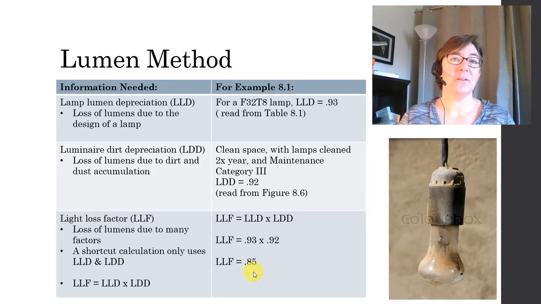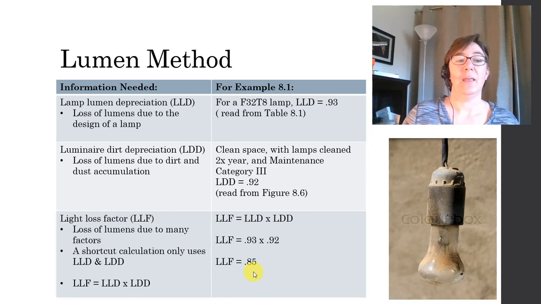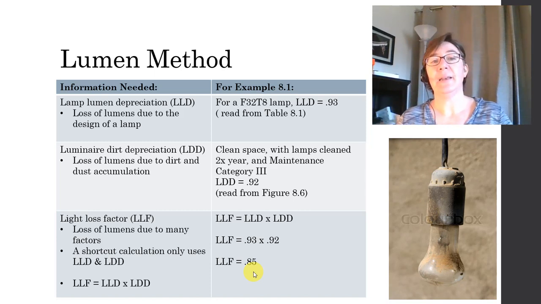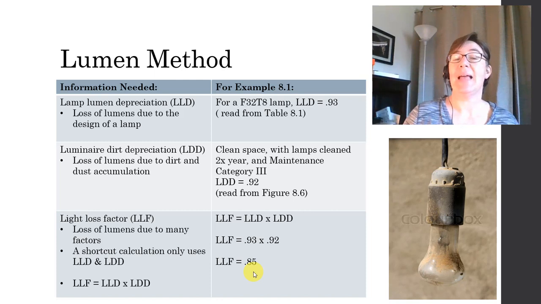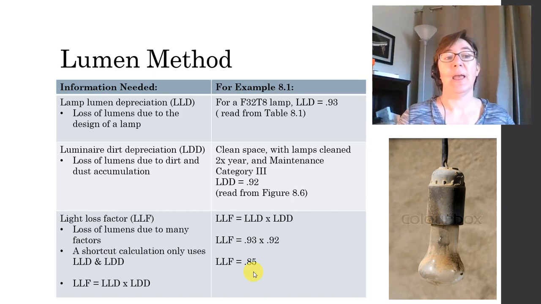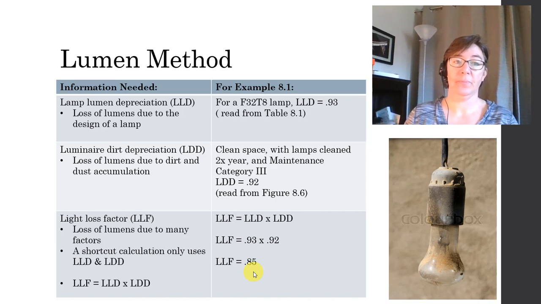Okay, the next factor we need to take into account is our light loss factor. To find the light loss factor, we're going to consider the lamp lumen depreciation and also the luminaire dirt depreciation.